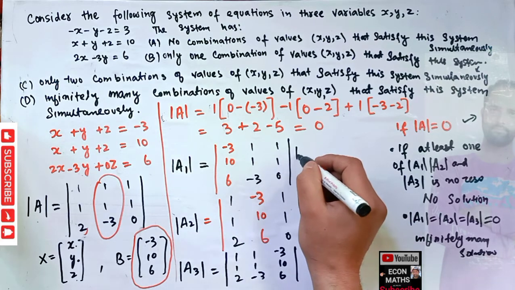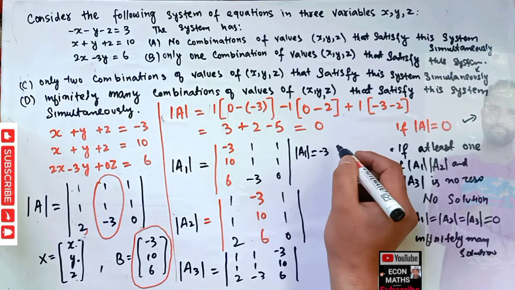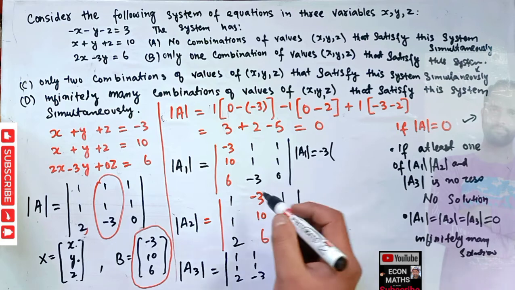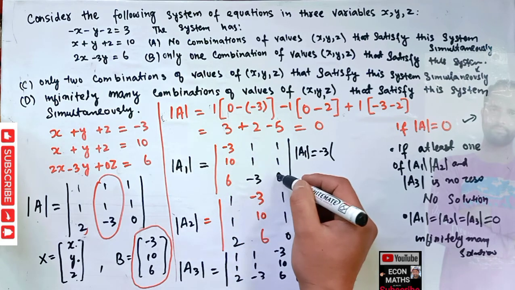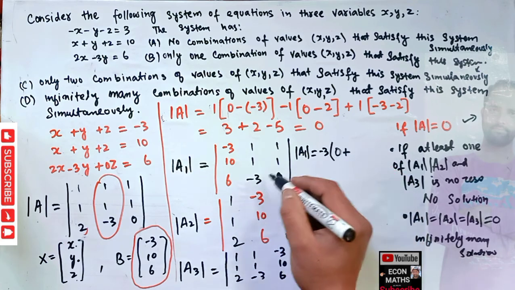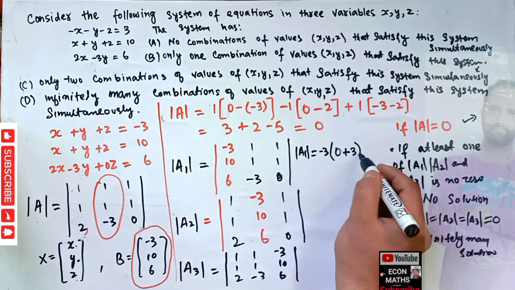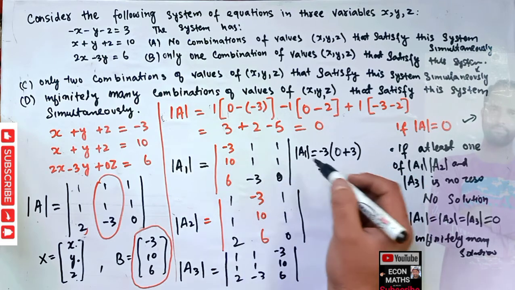Okay, how do we find the determinant? Same process. First we write -3. Mentally delete this row and this column and take the determinant of the remaining elements. So 1 times 0 is 0, then minus minus is plus, we get a 3. Then we have -1, so -1.